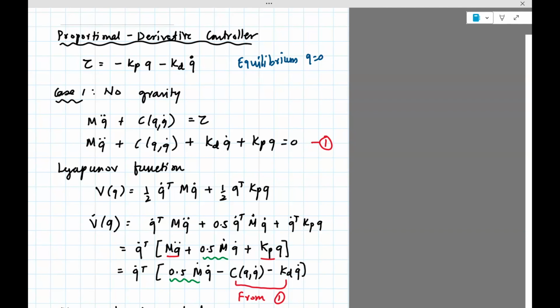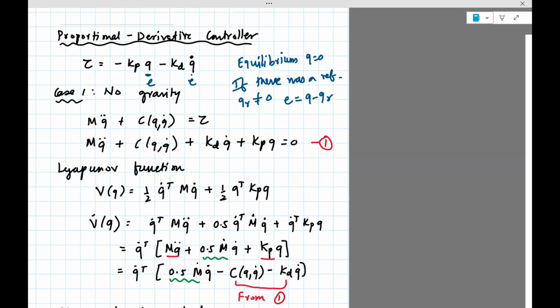If there was a reference, let's say qr, which is not equal to 0, then you just replace this with E, which is q minus qr, and this will change to E dot, and then you can prove the same thing for E equals 0, which is q equals qr.